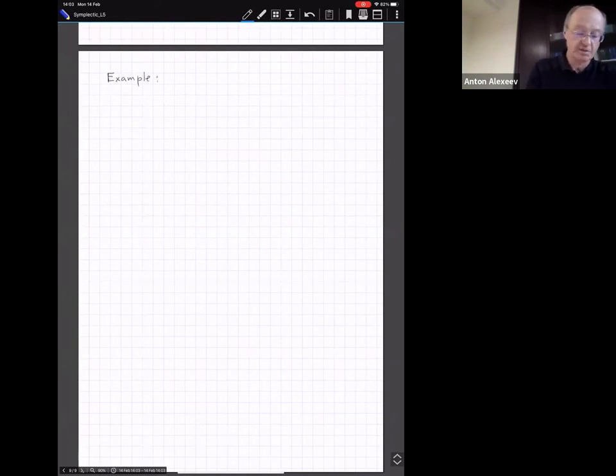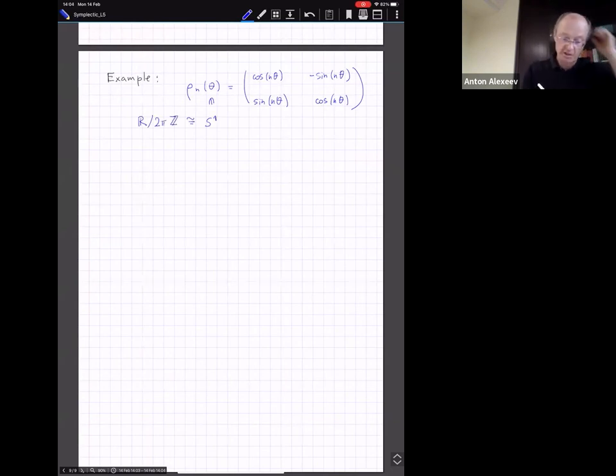So, an example, you can imagine what I take. So I introduced those representations of S1. They are parameterized by positive integers. Right. So theta, I consider it as an element of S1, which is the same as R mod 2 pi Z. And the Lie algebra of S1.